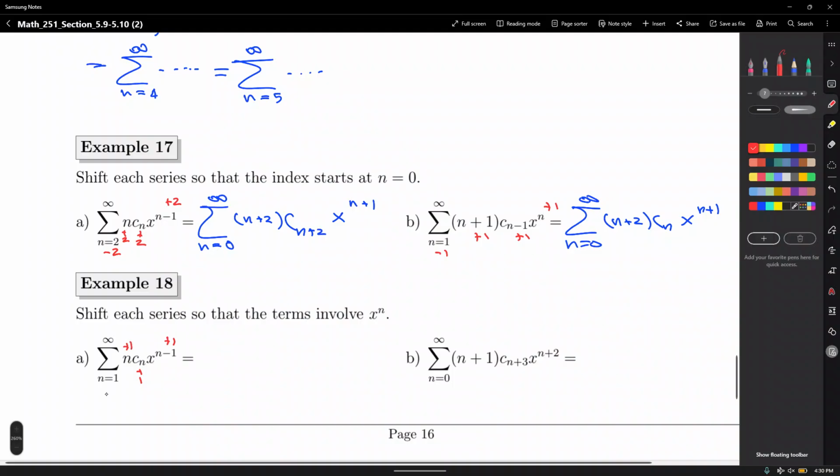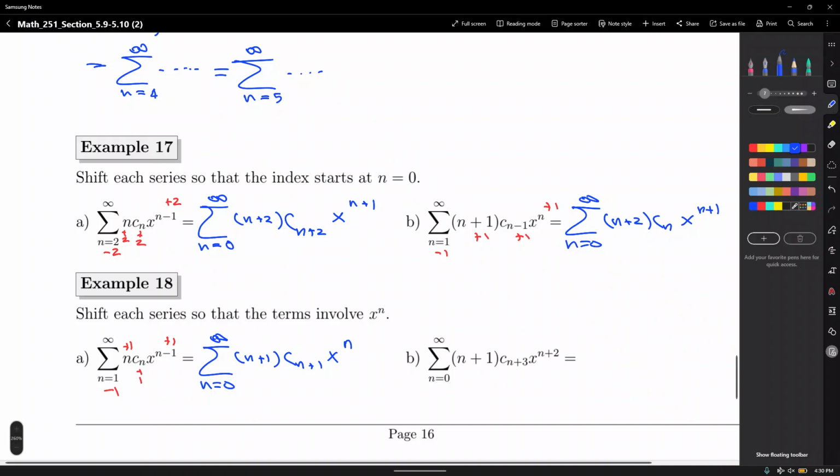But what do we do in the starting index? Subtract 1, all right? So that is sigma n equals 0 to infinity n plus 1 c sub n plus 1, x to the 1 minus 1, is that equal to 0? That's simply n. All right? What about the next one?